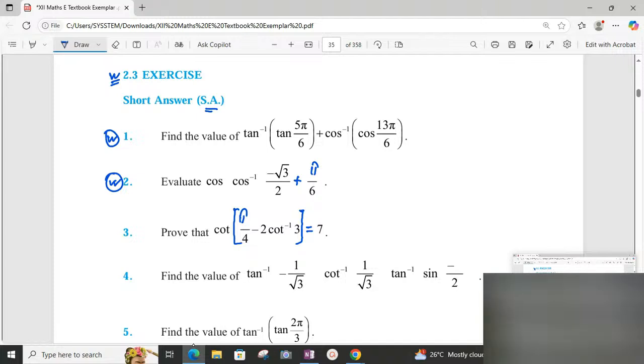Find the value of tan inverse, here is the next question, minus 1 by root 3, plus cot inverse 1 by root 3, plus tan inverse sine minus pi by 2.